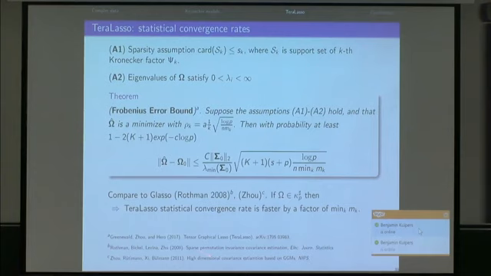So we can prove convergence rates. I'm not going to spend time on this, but this looks somewhat similar to what you get with the Kronecker graphical lasso, or the graphical lasso, except that instead of log p, you're going to have log p to the k, I should say, if you have a kth order Kronecker sum factor, Kronecker product factor. So that would be k times log p.